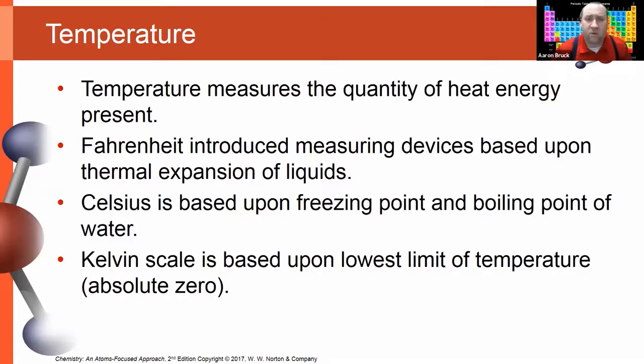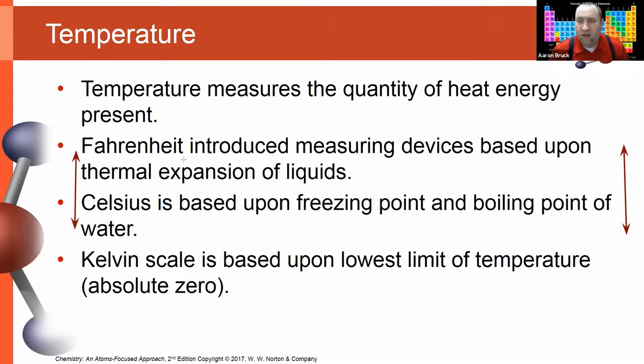Now, the two scales that we are probably the most familiar with are the Fahrenheit scale and the Celsius scale. We've seen in weather forecasts, we've seen in other places, Celsius and Fahrenheit both being used. They're both based upon what is called a relative definition.